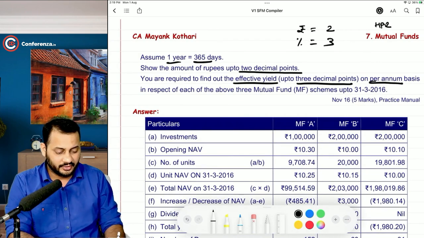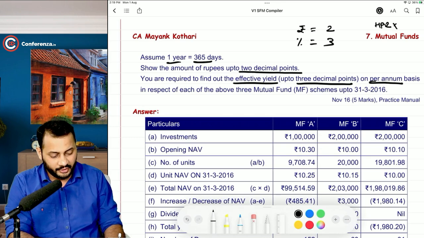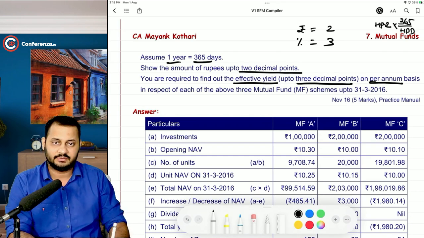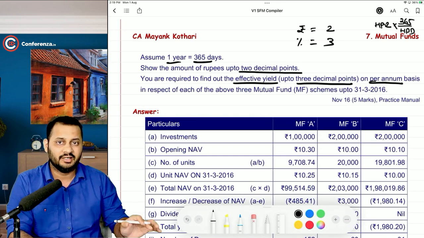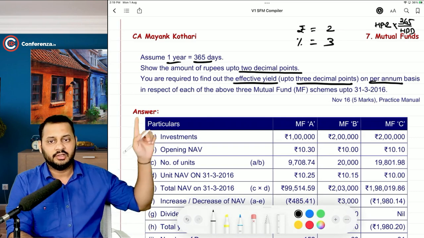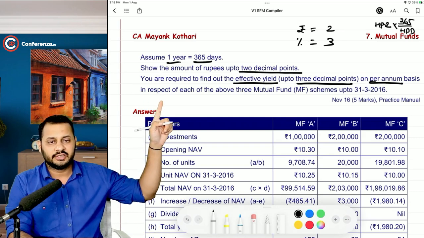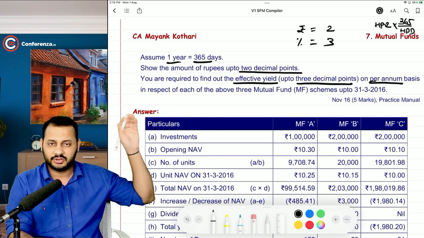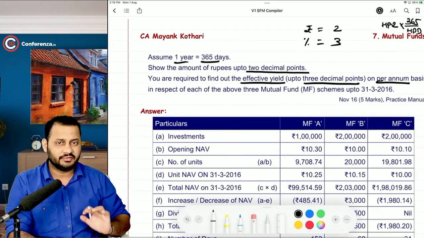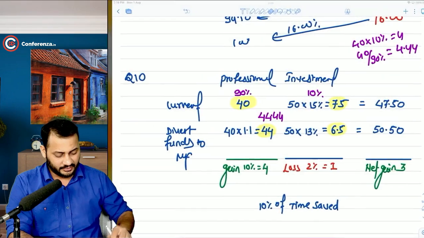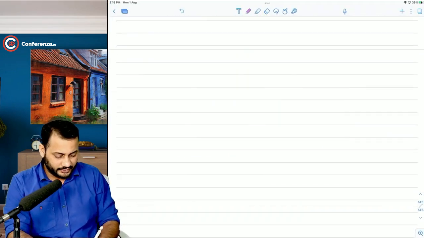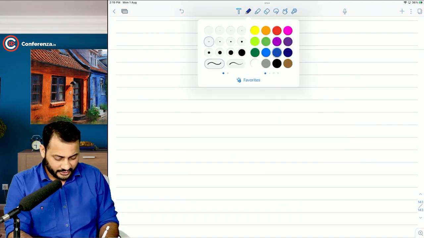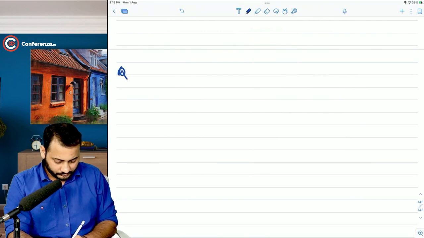Once you calculate the holding period return, convert that into a per annum basis, so multiply by 365 and divide by the holding period days, the days for the period you have held those units. In respect of each mutual fund scheme up to 31st March 2016. So have a look at this. The question is very simple and the answer will be like this, but they have given it in table format. First look at the formula.